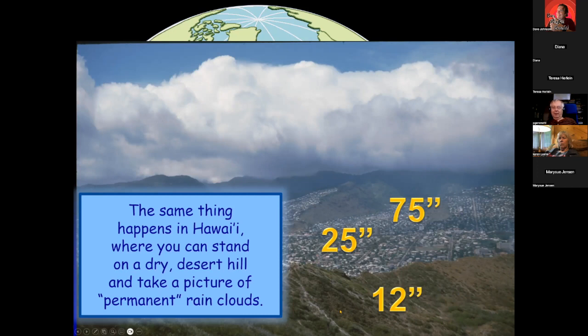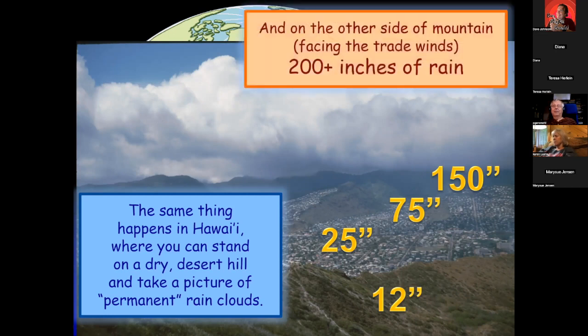Palolo Valley, where I used to jog around for a little while, the rainfall gradient is basically 10 inches per block. Every block you go further up into the valley, you get 10 inches more rain. The top of the mountain on this side gets 150 inches, and on the other side of the mountain, it gets over 200 inches of rain.